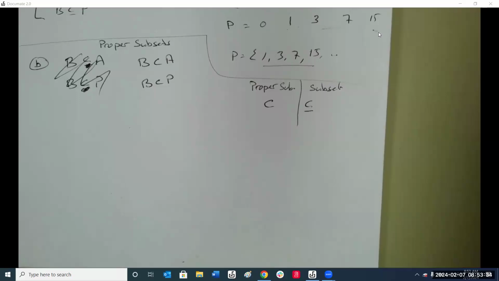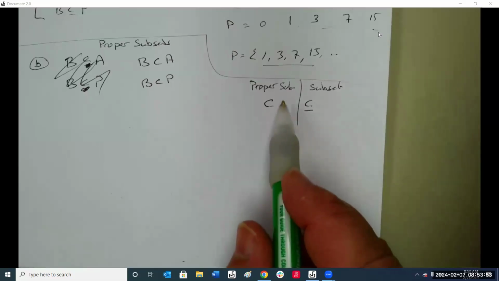What's the difference in the two definitions? For a subset, one can have more elements than the other one, but it can still have the same elements.